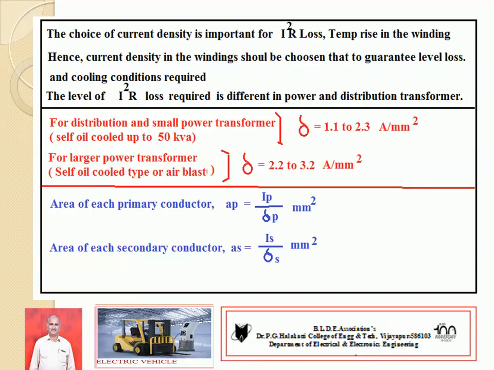Hence, it depends upon I square R loss. I square R loss is proportional to heating effect. It will affect the temperature rise. Hence, to keep the temperature rise under safe limit, we have to select better cooling techniques.